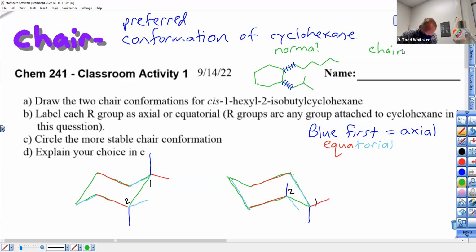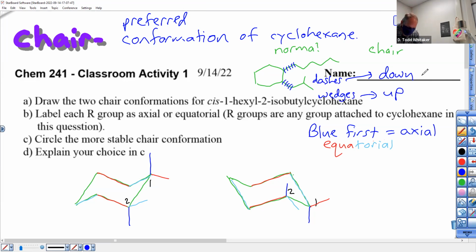Normal dashes become down in the chair, and wedges, not pictured here, become up in the chair. Okay? And I do want to remind you, you have an up bond and a down bond on each of your carbon 1s and 2s, right?